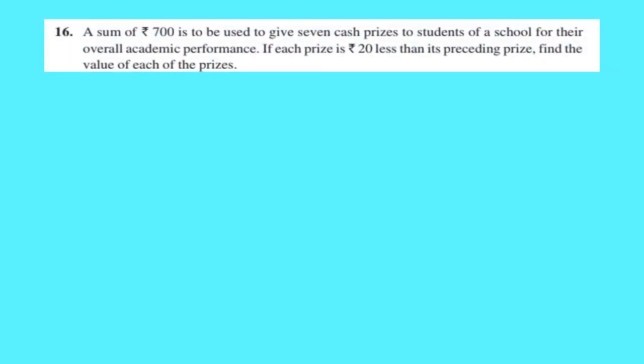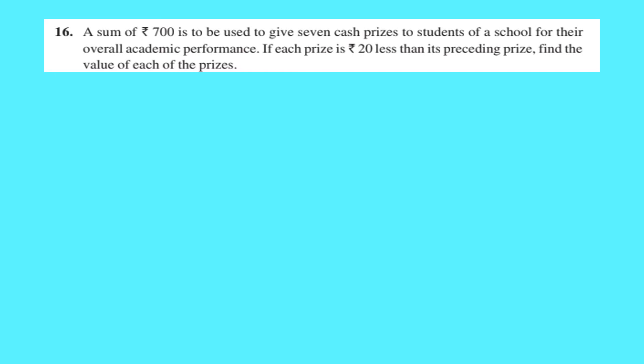A sum of rupees 700 is to be used to give 7 cash prizes to students of a school for their overall academic performance. If each prize is rupees 20 less than its preceding prize, find the value of each prize.